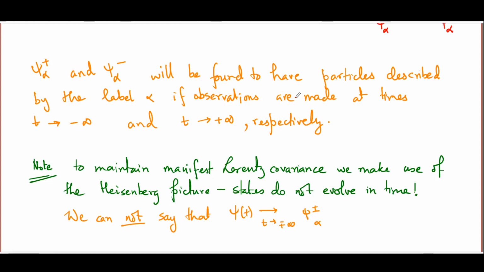Now, in the long run, the advantage that the Heisenberg picture gives us of manifest Lorentz covariance outweighs the disadvantage that we are facing right now: the fact that using the Heisenberg picture makes describing these in and out states a lot more awkward than the Schrodinger picture would have.